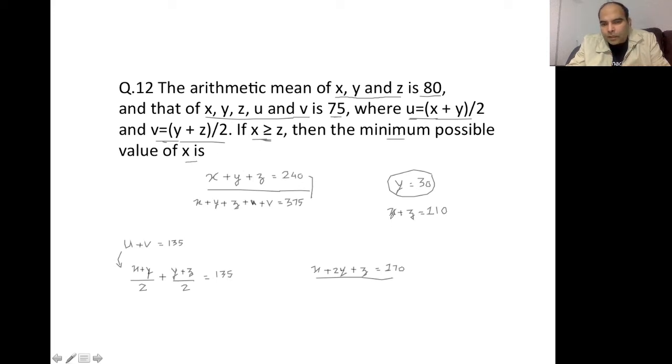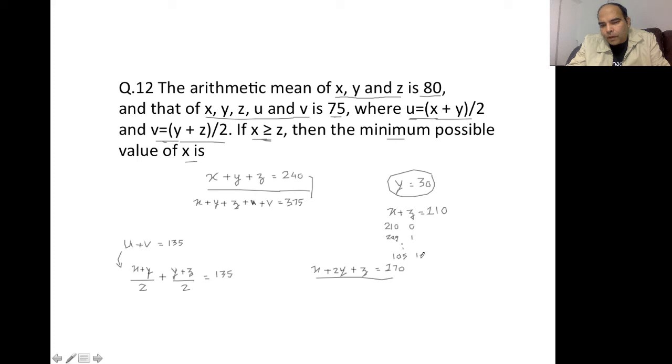So if x is greater than z, outcomes for x plus z start from 210 and 0, 209 and 1, and there's no mention of being an integer, so it can be 209.9 and 0.1 also. But if I want to minimize the value of x, I will have to come to an equal distribution of 210, which is 105 each.